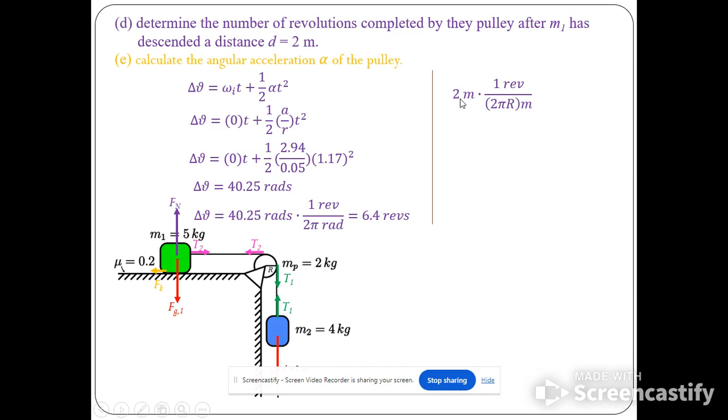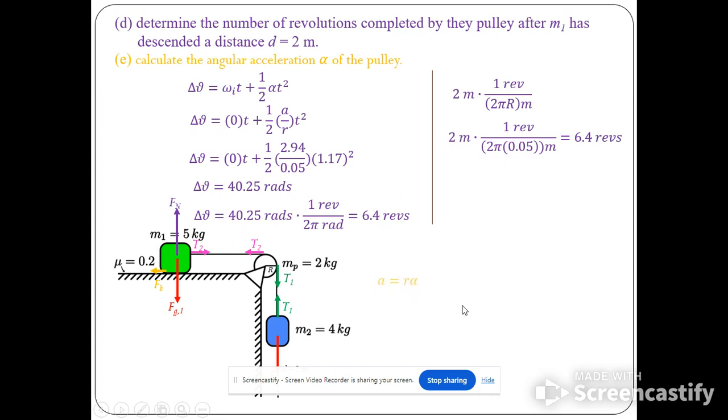So this is 2 meters. The unit m for meters is going to cancel out. And then 2 pi r, again, is just the linear distance, aka the circumference of a circle. But 1 circle is 1 rev. So if you do that, you should get the same answer as 6.4. Again, r is given in the original problem as 0.05. Okay, it's a lot quicker to do it this way. Hopefully you can see that. If not, stick with this side and just crank it out.